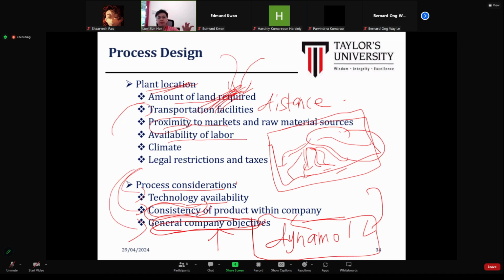So the distance can also be a factor to support your decision making in order to select the suitable process to produce the product.